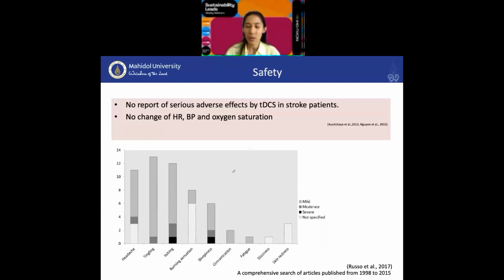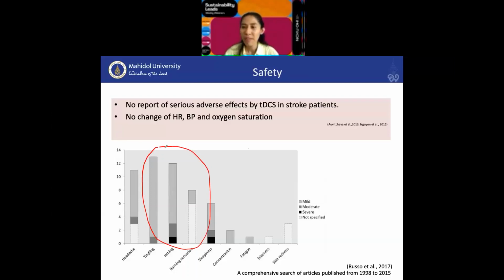But we can see that tDCS can induce cutaneous sensation. The most common are stinging, itching, or a burning sensation.